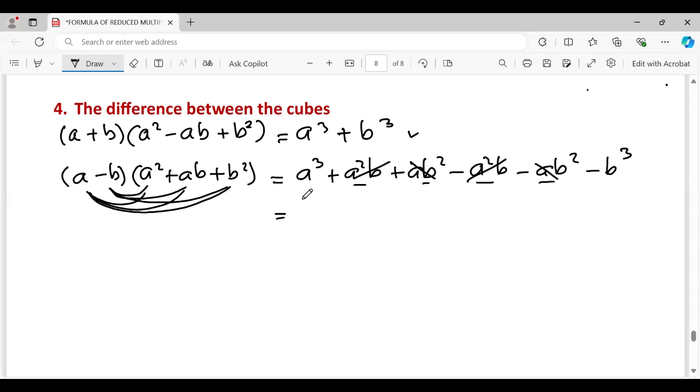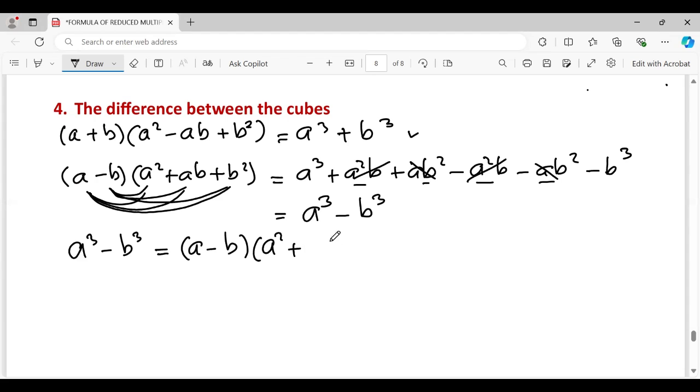Then it becomes a cube minus b cube. So we can state that a cube minus b cube equals (a minus b) multiply (a squared plus ab plus b squared).